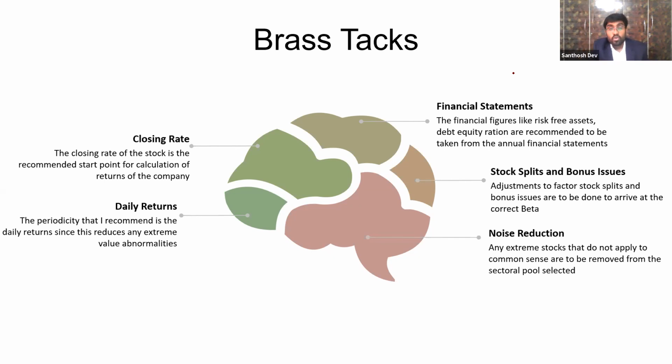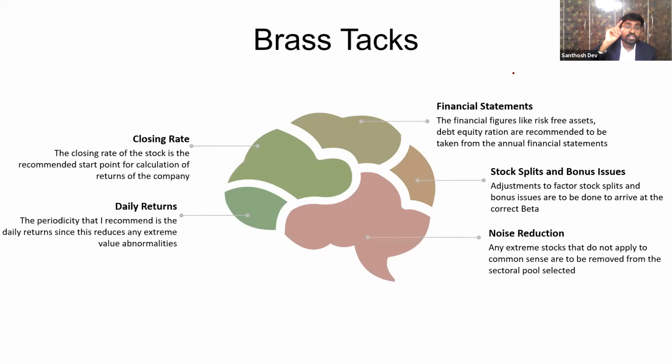Stock splits and bonus issues: when you are calculating the return, if there is a stock split or a bonus issue, sometimes the indexes or companies will only capture the actual value that existed on that particular date. They will not factor in stock splits or bonus issues.